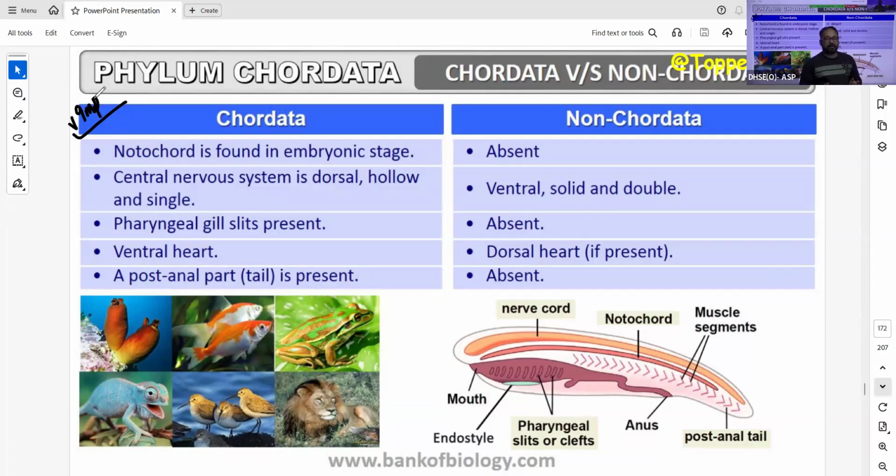Which of these characteristics are different to chordates? Or which of these characteristics are similar to non-chordates? Unless you understand the difference between the chordates and non-chordates, you will not be able to answer these questions properly.